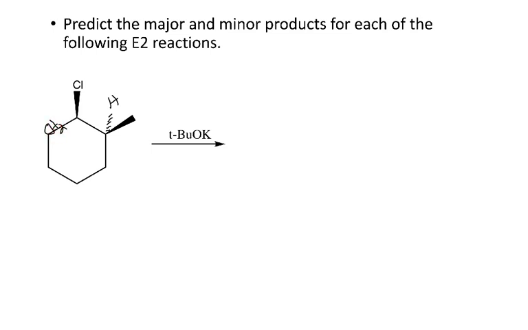And so we can get that product. When I consider eliminating from this carbon, elimination is possible because this hydrogen is down while the chlorine was up.